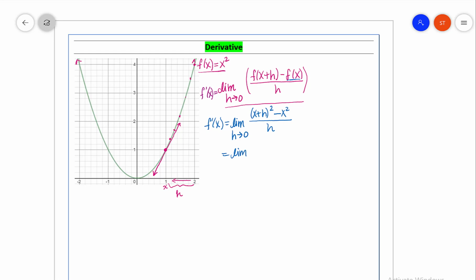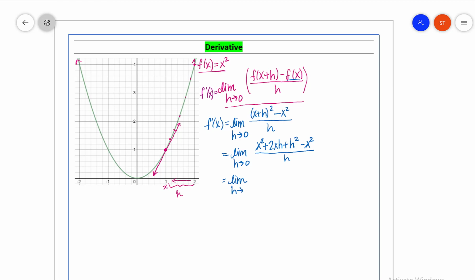Now we want to simplify the fraction. Do you see how we cannot plug in 0 for h yet? Because that would give us a 0 in the denominator. X squared plus 2xh plus h squared, if I multiply that out. You can write it out twice in FOIL and you'll get the same thing. Minus x squared all over h. Now do you see how the x squareds subtract out?